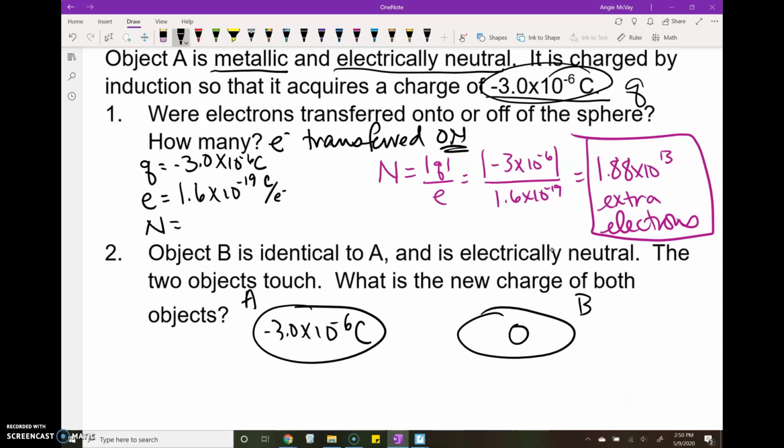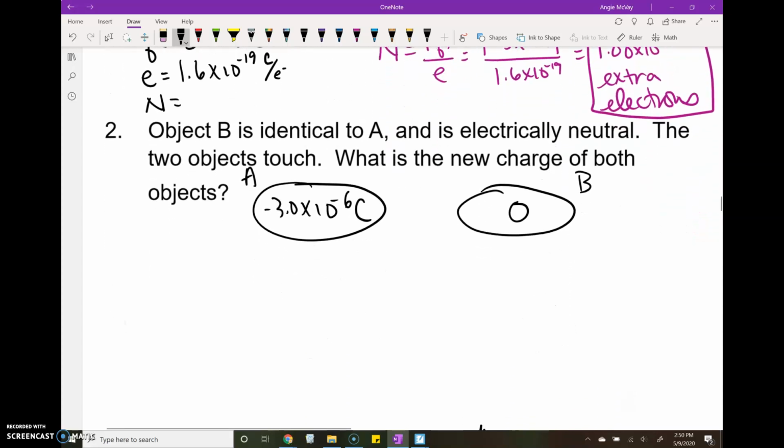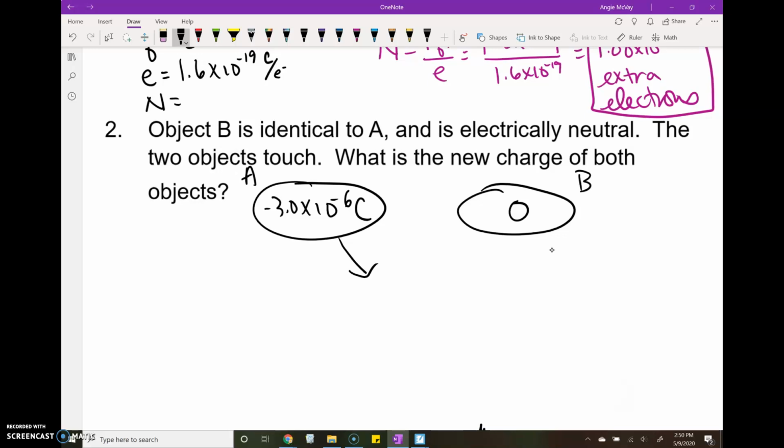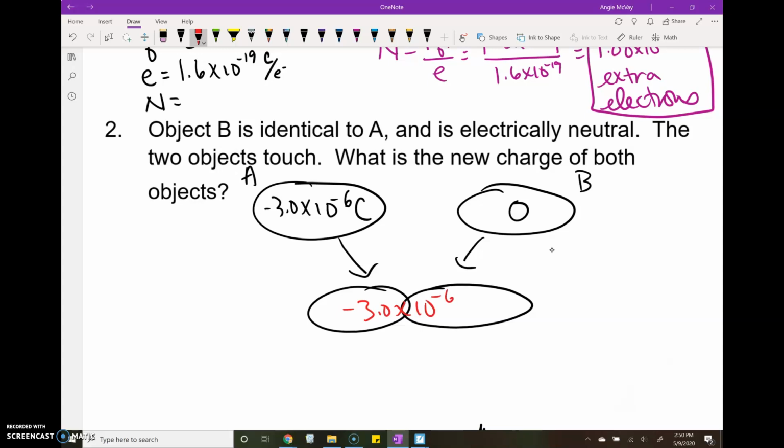It has a charge of 0. When they come together, they will together have a charge of negative 3 times 10 to the negative 6 coulombs. And then they'll separate and they will each split. So negative 1.5.